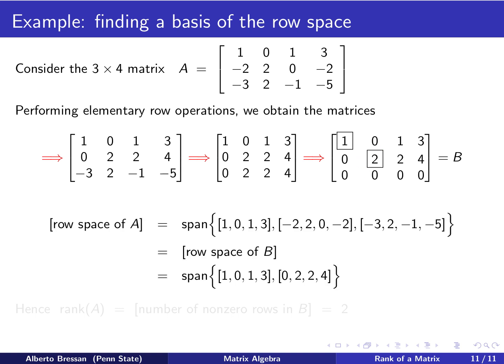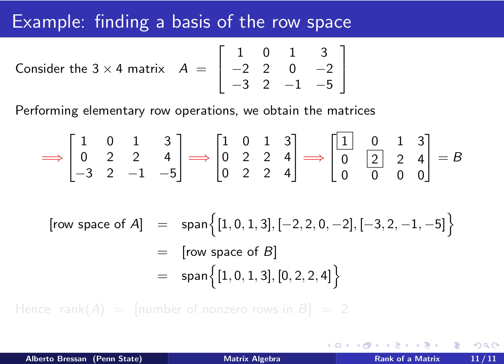Okay, so what is the row space of A? That's the span of the 3 row vectors, which we collect here. And the theorem says that this is the same as the row space of B. What is the row space of B? Well, you only need to collect the non-zero vectors. That will be the first one and the second one, so it's the span of these two.